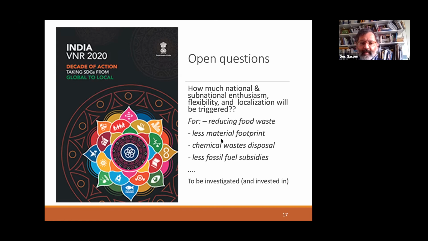How far will indigenization and local roots and local innovation happen for the nitty-gritty issues in SDG 12, reducing food waste, handling chemical wastes, cutting back on fossil fuel subsidies, and the other targets?